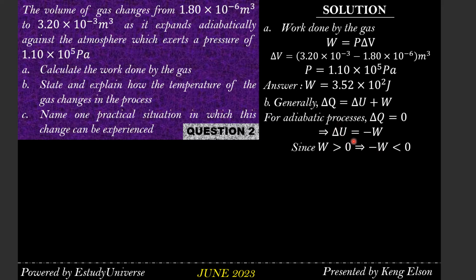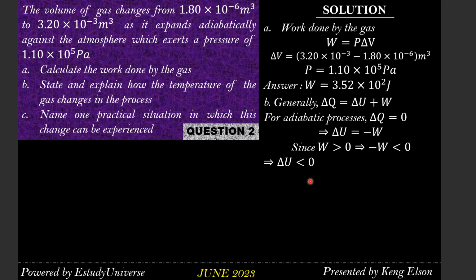the change in internal energy will be negative. Why will it be negative? Because the work done has been calculated and it is positive. Since work done is positive, if I multiply both sides by negative, negative work done will be less than 0. But the negative work done gives you the change in internal energy, which means that the change in internal energy will be less than 0.